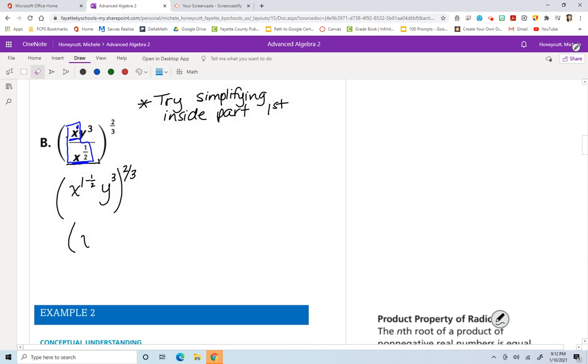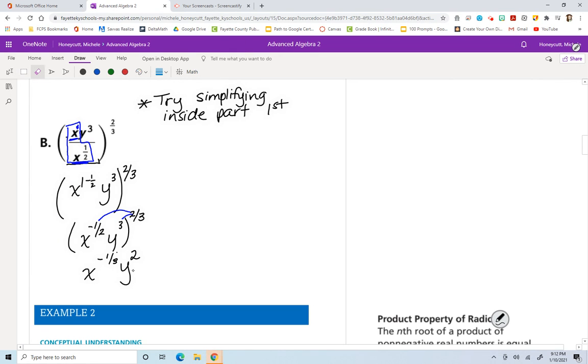So this would be x to the negative 1/2 y cubed. See, that's a little bit easier to look at, all raised to the 2/3 power. So then I can do the power to a power where you multiply those exponents together. So I have x to the negative, let's see, negative 1 times 2 would be negative 2 over 6. Negative 2 over 6 is negative 1/3. y, multiply 3 times 2 over 3, you get 2.